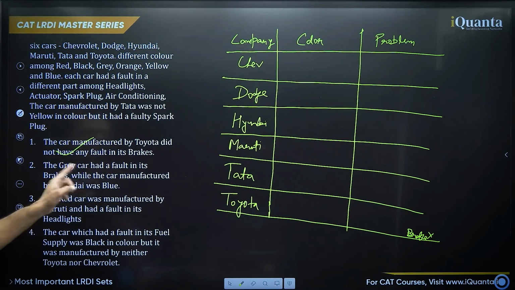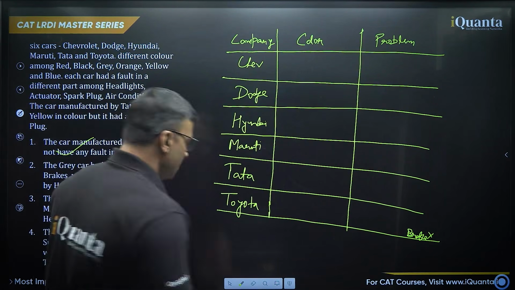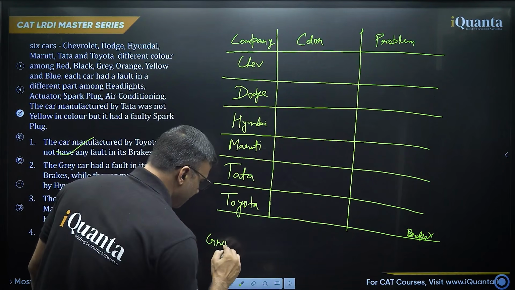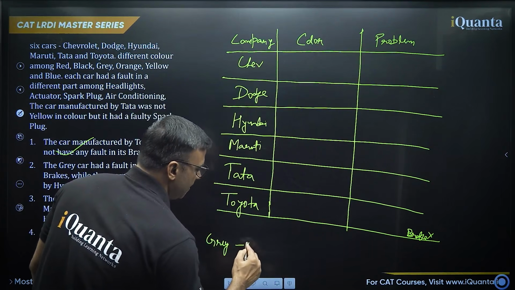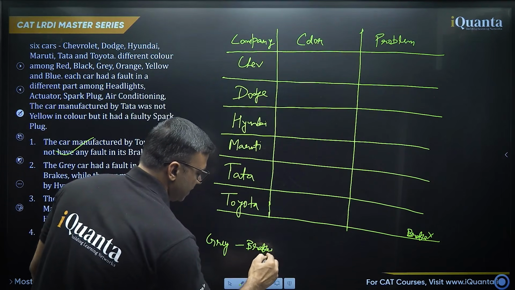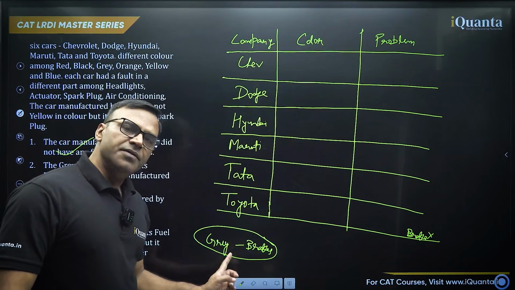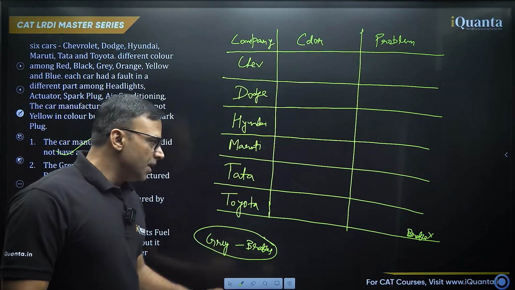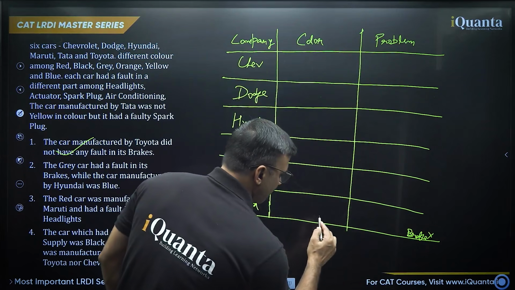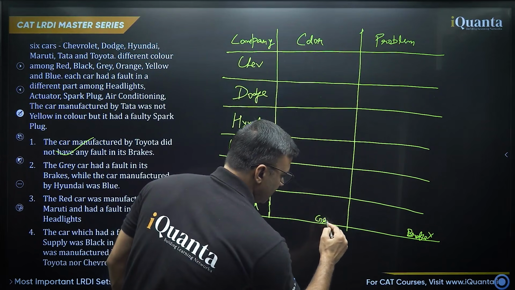Okay. The grey car had a fault in its brakes. Oh, so wherever grey comes, brakes will come. So what I'll do is I'll write grey and brakes together like this and I put a circle on it. So I know that wherever grey and brakes come, they'll come together. So if I cannot have brakes here, that means I cannot have grey here, right?